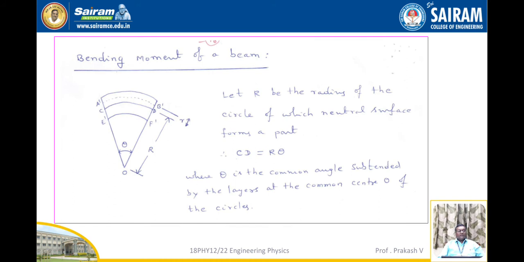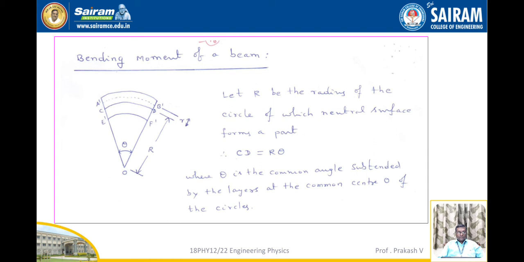The shape of the filaments is a circular path. Let capital R be the radius of the circle of which the neutral surface forms a part. So the length CD will be capital R into theta, where R is the distance of CD from the common center O.